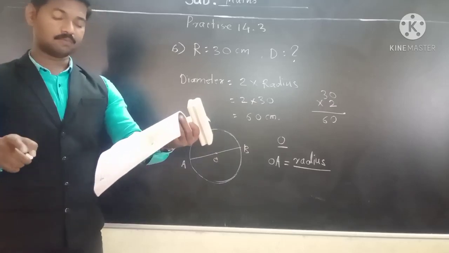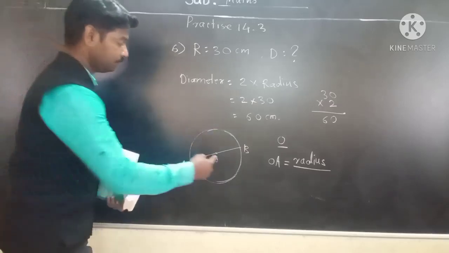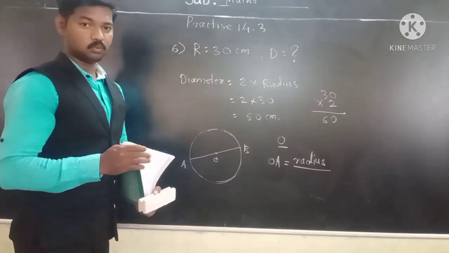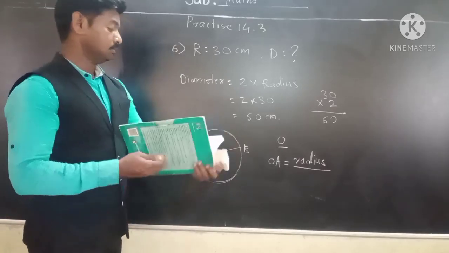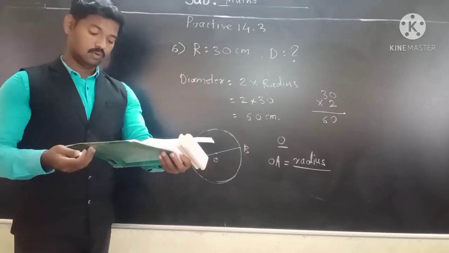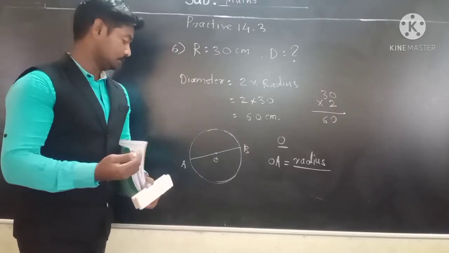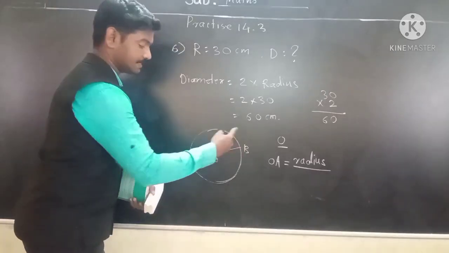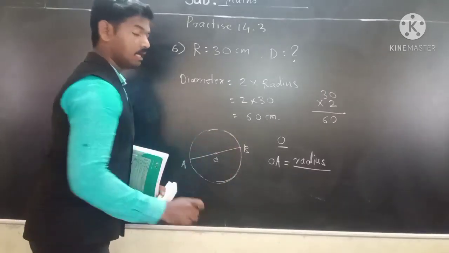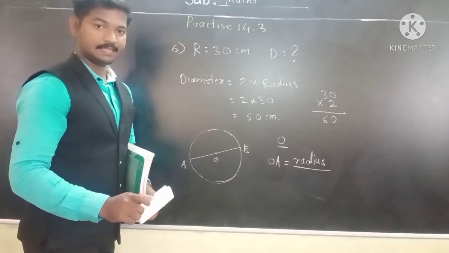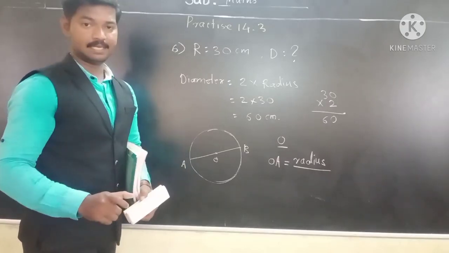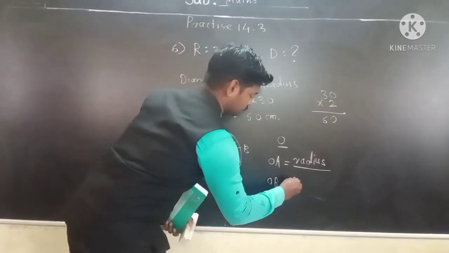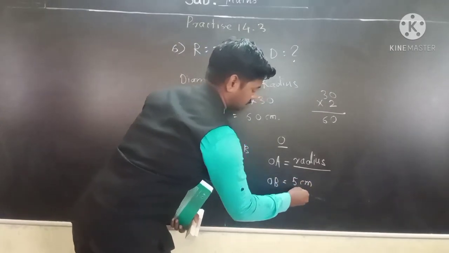If AB, the diameter of the circle, is equal to 10 centimeters, then OB is equal to half of 10 centimeters. So OB is equal to 5 centimeters.